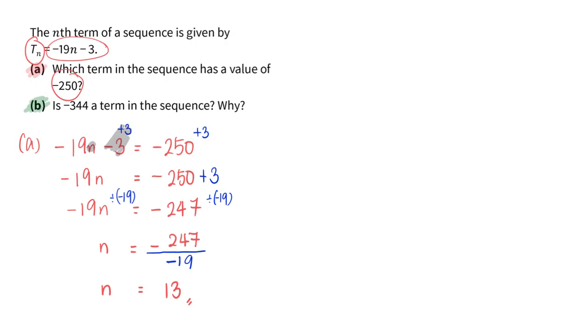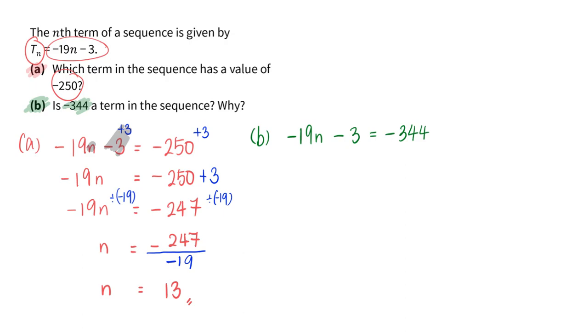Now for part B, how then can I check whether any given number in this case is indeed in the sequence or not? So all I have to do, I just need to replicate what we did in part A. We equate this into the general term, and we check and find the value of n.